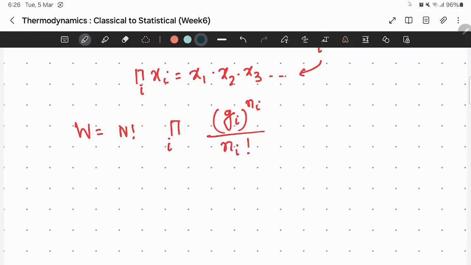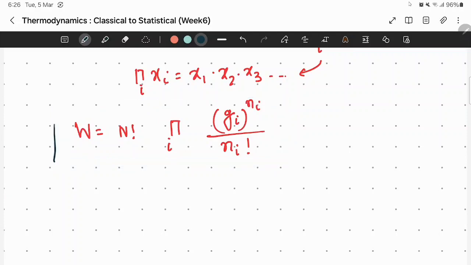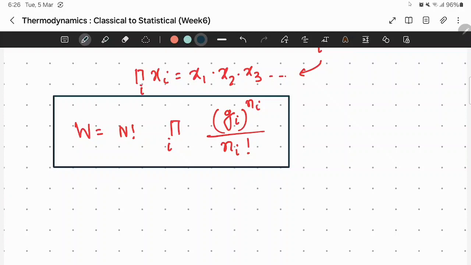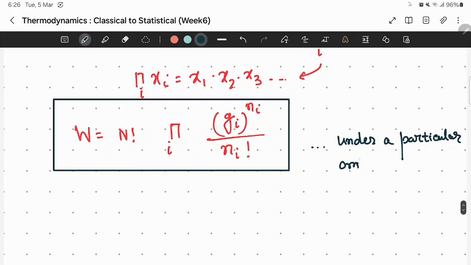So this formula is very important. We have to keep in mind always that this formula is valid for any particles if the occupation is given.